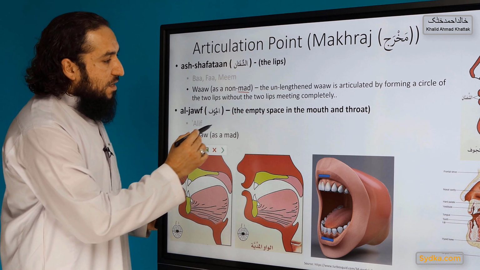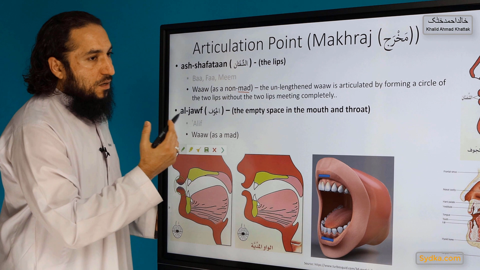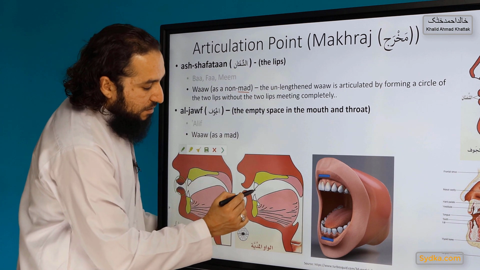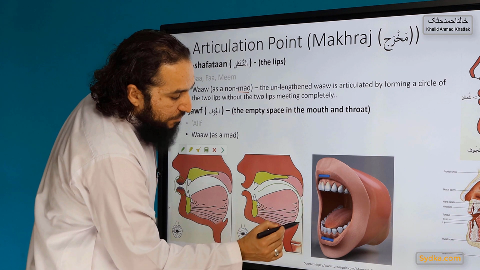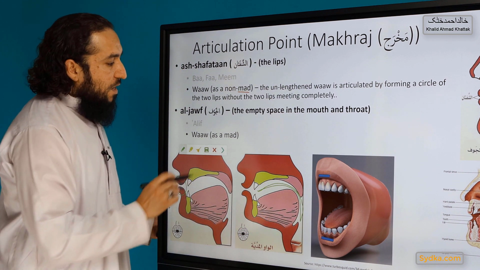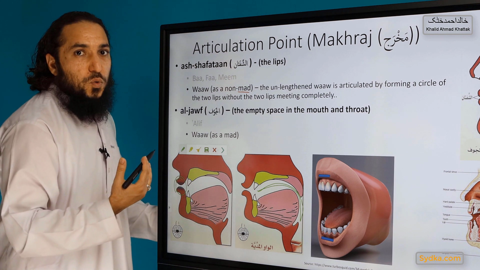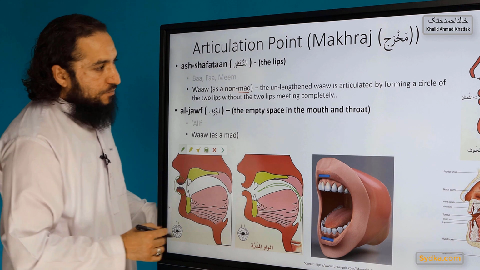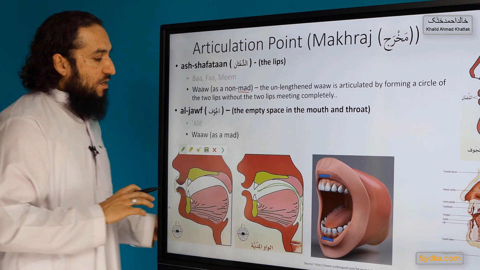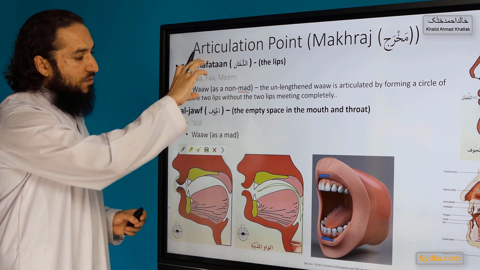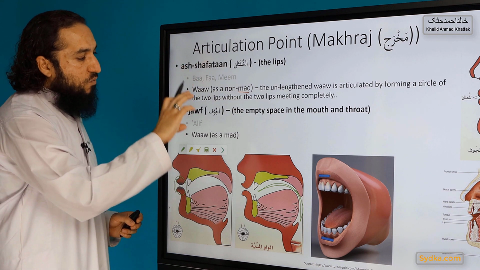But when it is a vowel, then it's Al-Jawf. Al-Jawf means the empty space between the mouth and the throat. That is its articulation point, and it is pronounced as oo, as a vowel. So that's the difference in the usage of the letter. One is consonant, one is vowel.